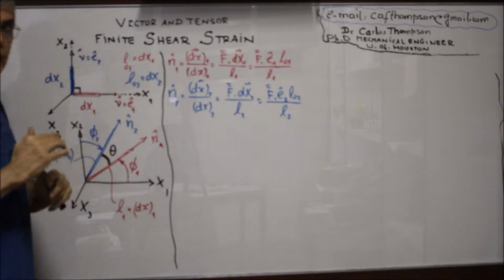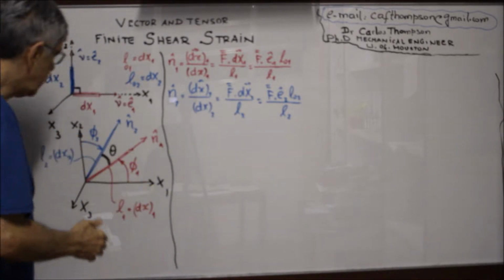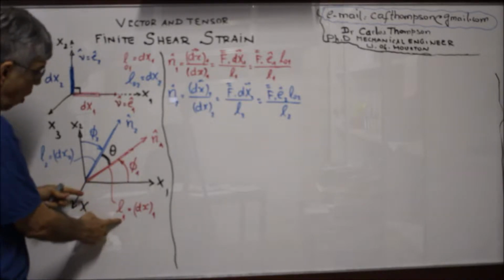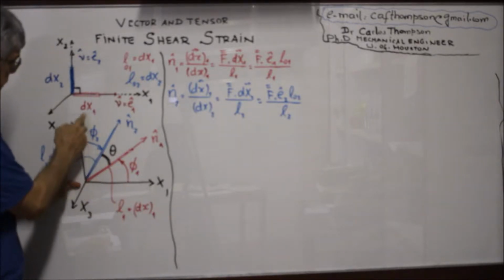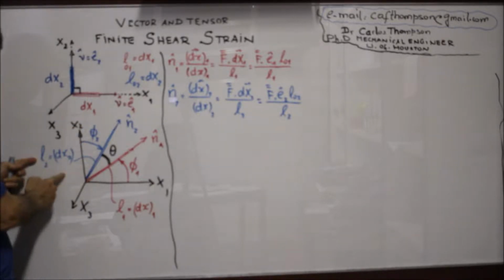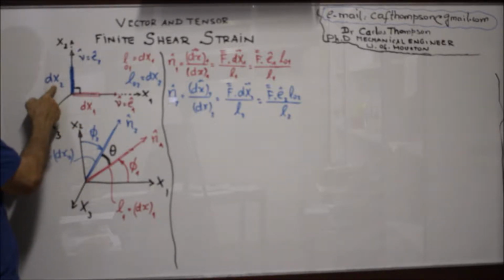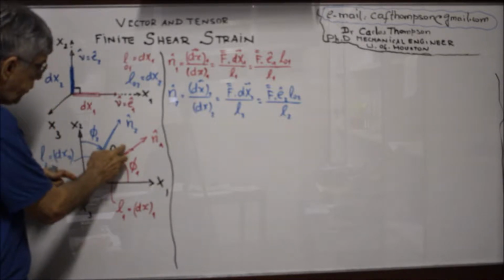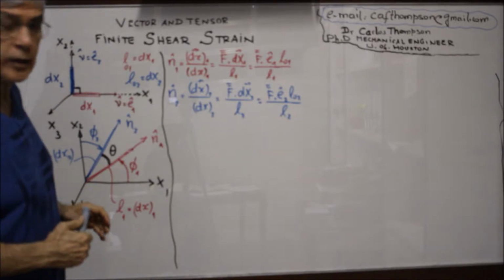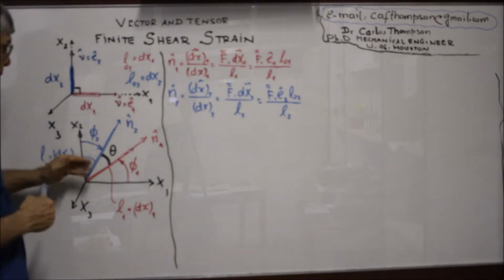After the deformation, these lines become L1, corresponding to dx1, and the blue one, L2, corresponds to dx2. And theta is the angle between these deformed lines.